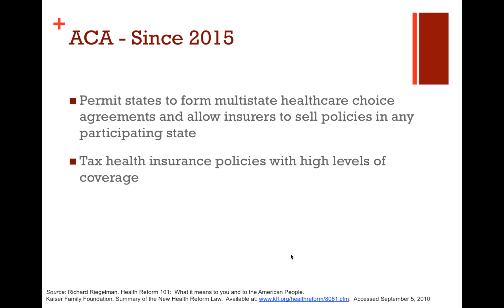However, as of December 2017, in the most recent tax bill, they repealed the individual mandate penalty, which meant you no longer had to pay that $700, or it was roughly about $67 per month that you were uninsured.